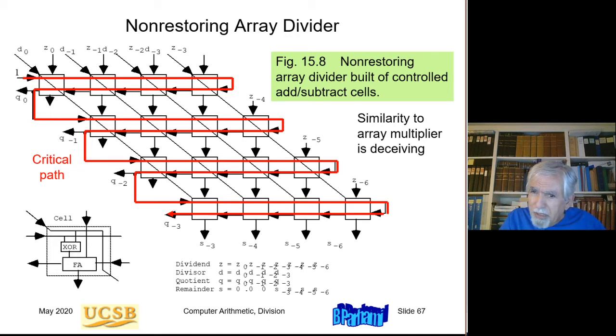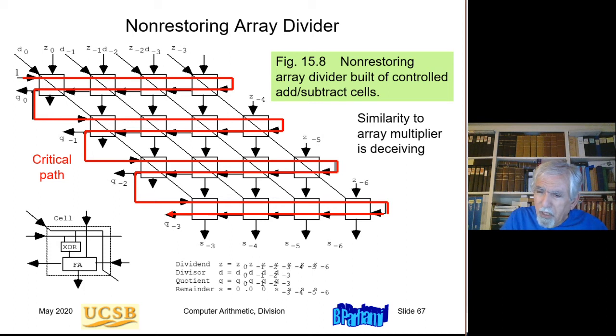That's because carries propagate in each row. The operation of the next row depends on the completion of operation in the previous row, because we need to know what the quotient digit was in the previous row, okay? And in the restoring case, borrows propagate throughout the rows, and it's the same thing, basically.